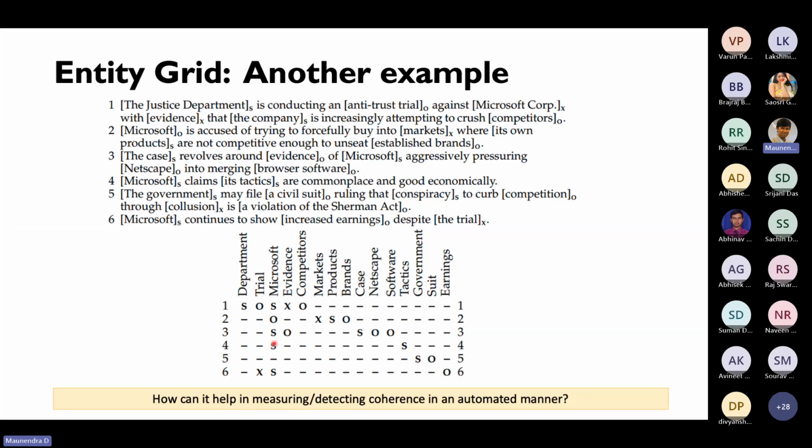So my question to you is, how many different types of transitions could be here? Nine.